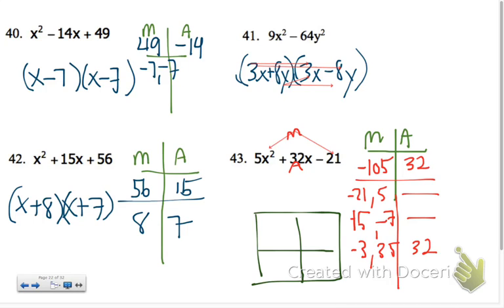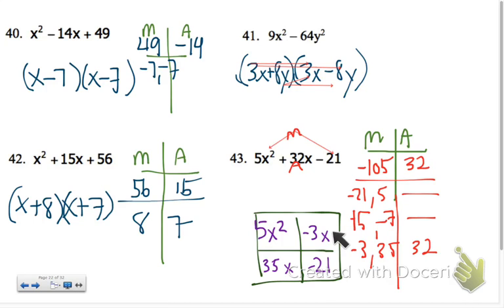So the 5x squared goes here, and my negative 21 goes there. And now we split the 32x into negative 3x and 35x. Now we factor the GCF.